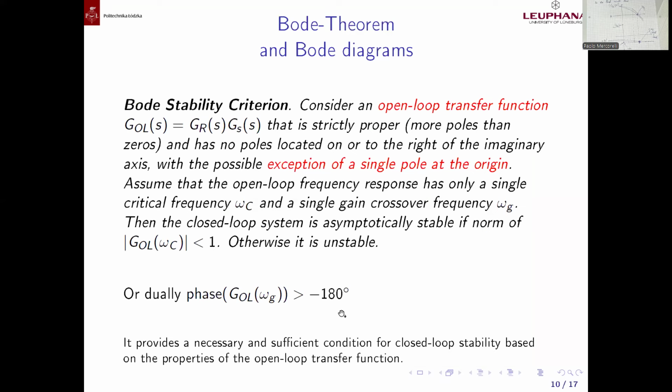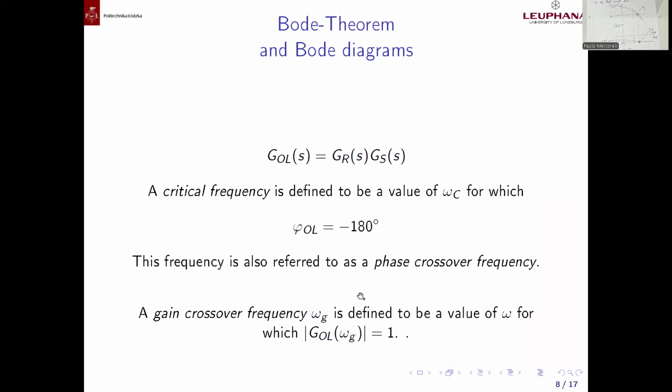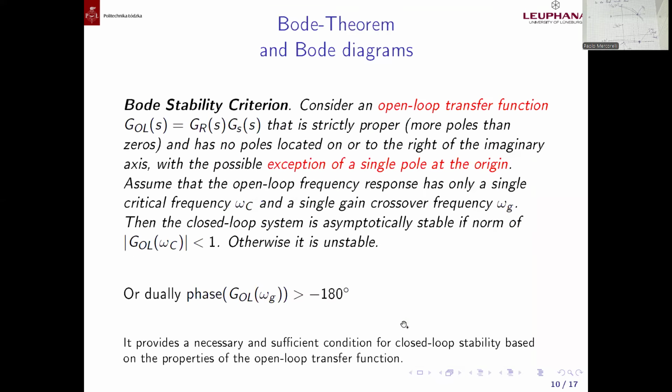At omega g, when the amplitude is 1, or in decibel when the amplitude is 0, logarithm of 1, we need the phase margin to be positive. This means I have to be in the upper part of the phase margin, not less than minus 180 degrees. It's written here.